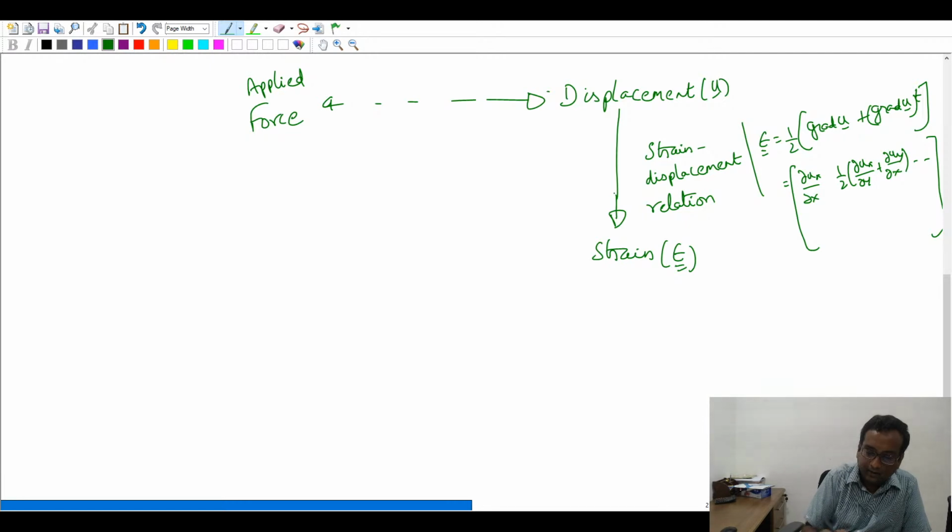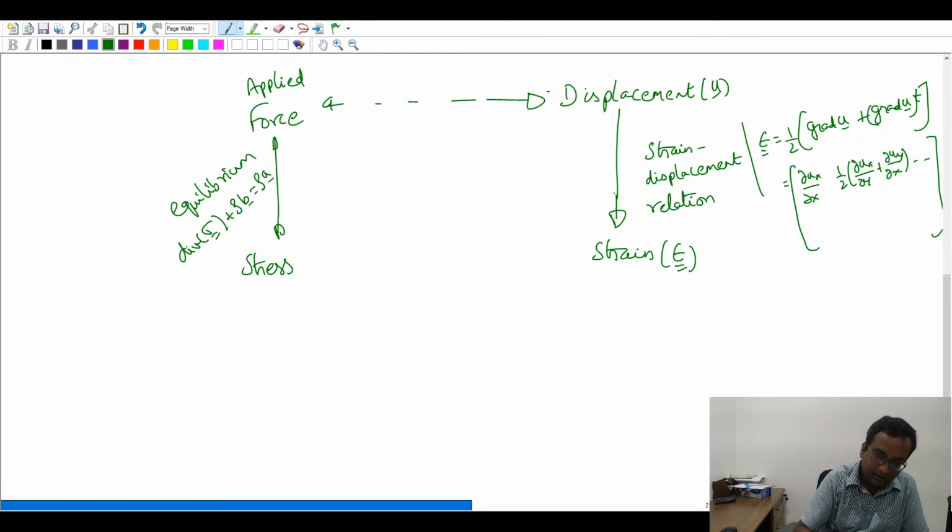Okay, and then from the force we said that we will define a quantity called stress. Okay, for this we use the equilibrium equations, right? Equilibrium equations was used, which was divergence of sigma plus rho b equal to rho a.